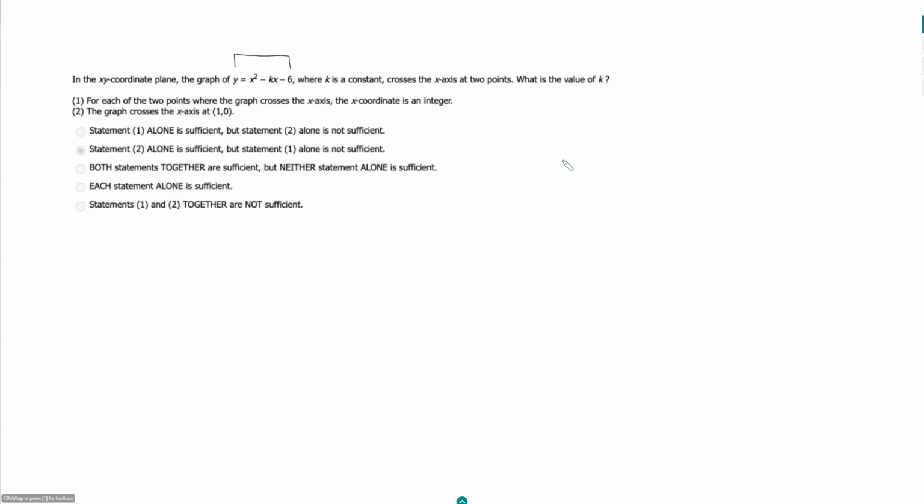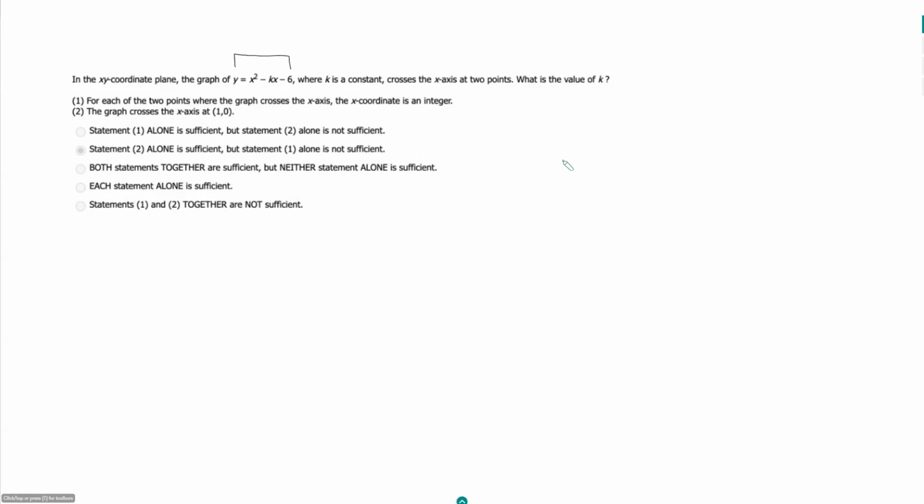So we're trying to find the value of k, this coefficient. Statement 1 says for each of the 2 points where the graph crosses the x-axis, so these are our 2 x-intercepts, which is also our value when y is equal to 0, the x-coordinate is an integer. So when are quadratic equations helpful?